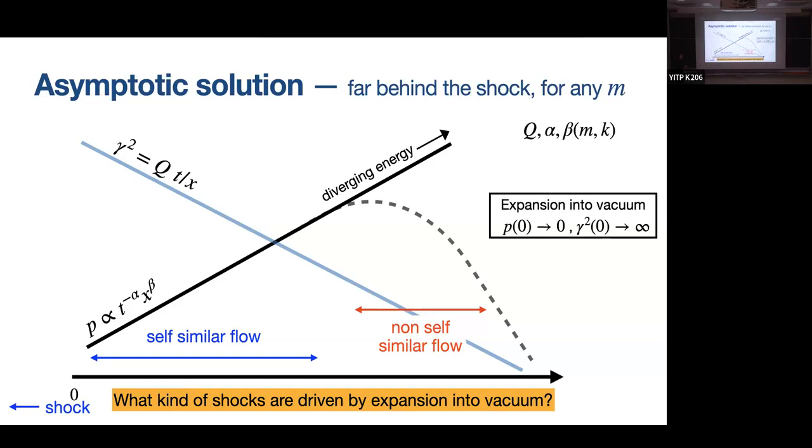Gamma is proportional to t over x. Yes. It's easy to derive from the equations. If you're looking at some fluid element that is shocked at some point, and you assume that the Lorentz factor of this fluid element evolves like a power law with time, it's a fair assumption, but it's an assumption, then you immediately get this.